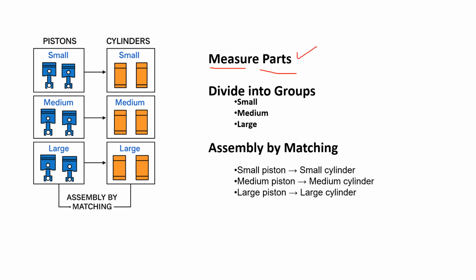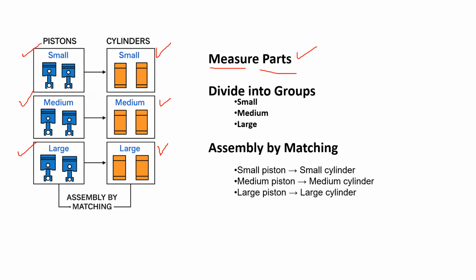After measuring the dimensions of the piston and cylinders, we have to make the groups. Small pistons make one group, medium pistons one group, and large pistons another group. Similarly, small cylinders make one group, medium size cylinders one group, and large size cylinders one group.